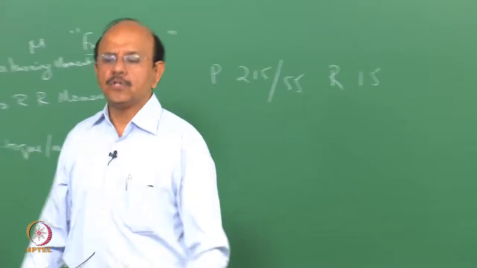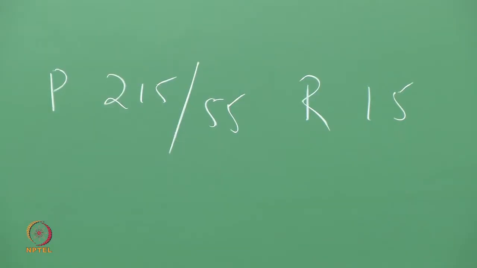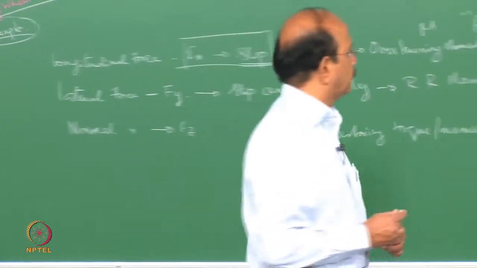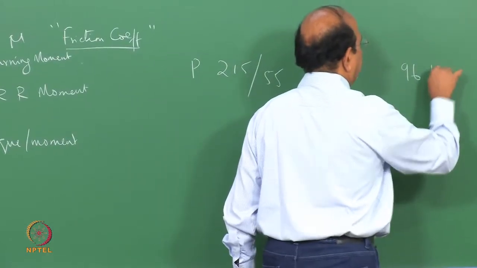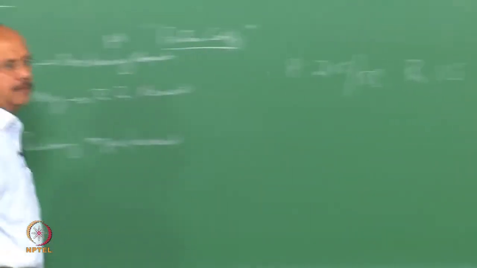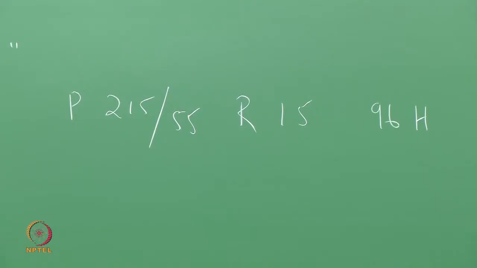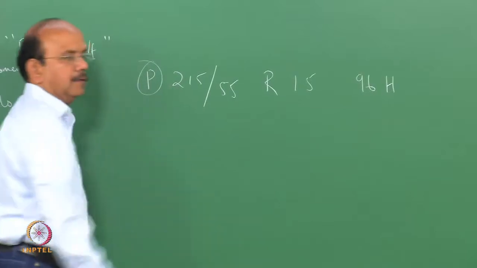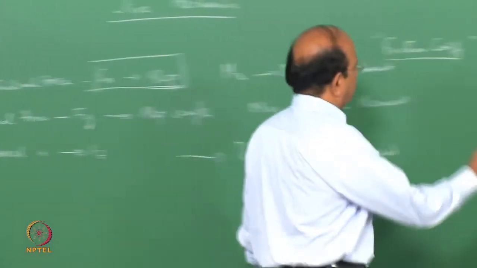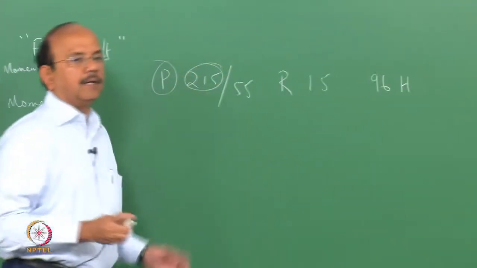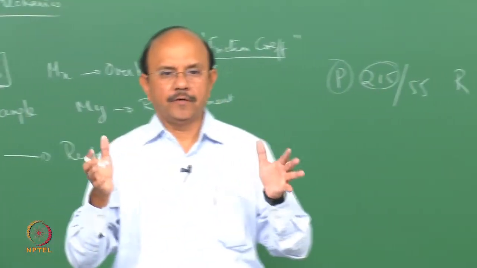This is what you would usually specify. Sometimes you would also specify a number and a letter. Each one of them has a meaning. P is the passenger car tire. 215 is the biggest section width of the unloaded tire.